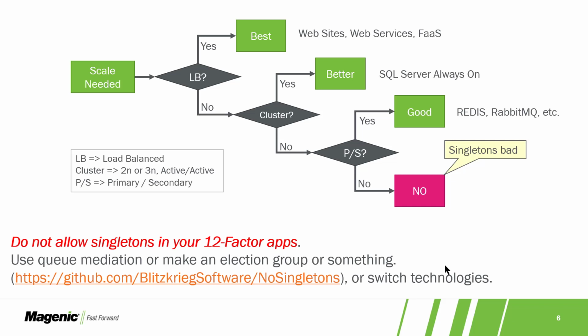Actually, what we say is they have transitory state. But because they have transitory state, if we call the same service type over and over again, we really don't care what instance we end up on. Websites, web services, functions as a service, lots of different things are quite happy to be load balanced.